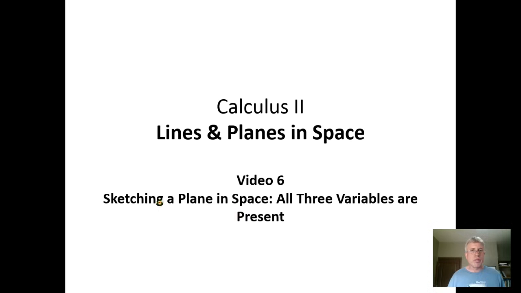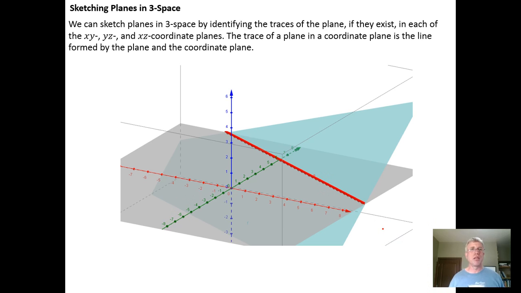So in this video we're going to go over how to sketch a plane in space if each of the x, y, z variables are present in the equation of the plane. And when we sketch planes in space, what we take advantage of is what we call the trace of the plane.